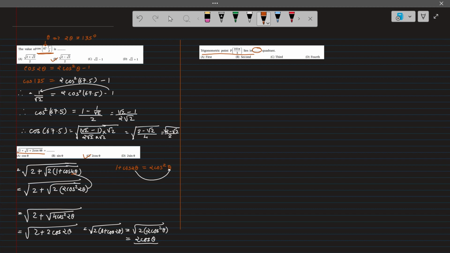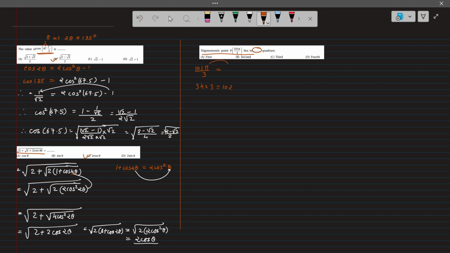Now first we will find the value of 101 pi by 3 and we convert this into the mixed fraction. 34 into 3 becomes 102.